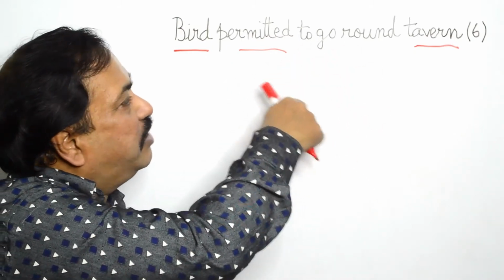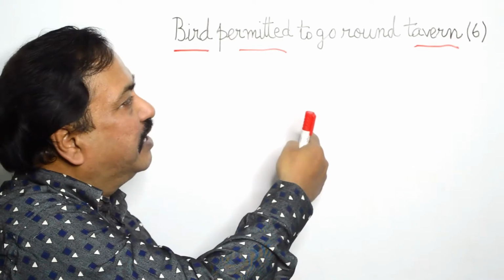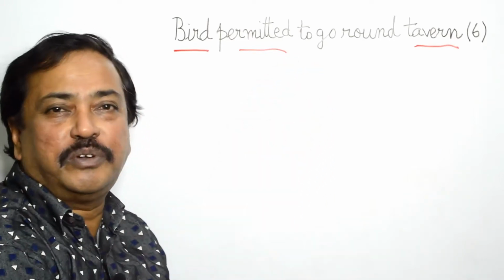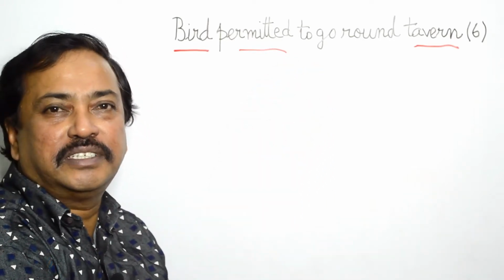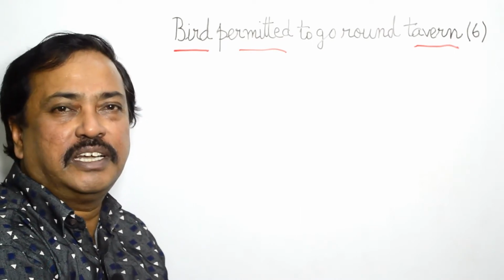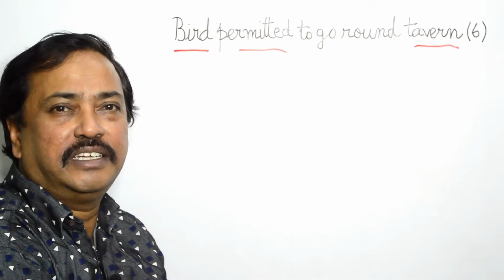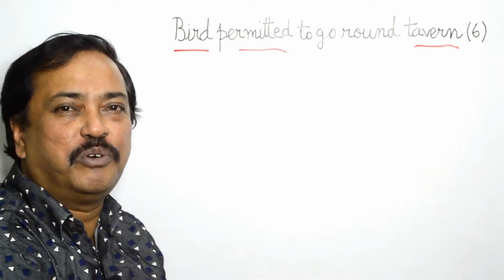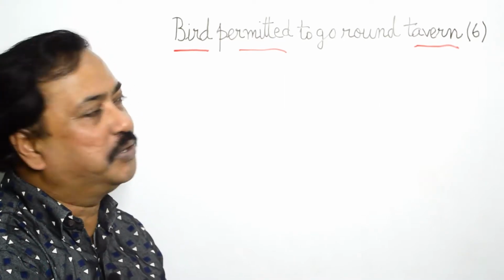That means it will contain tavern inside. And in crosswords, we have a word for tavern: IN. It is one of the most common words used for tavern in crossword clues.